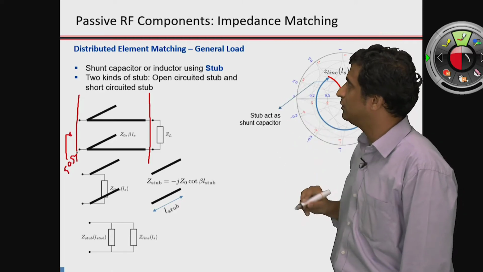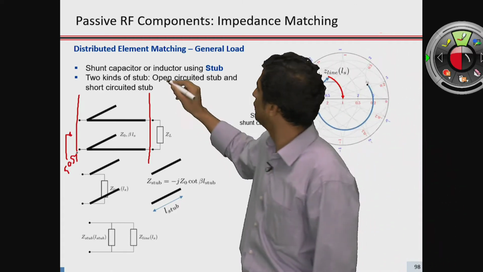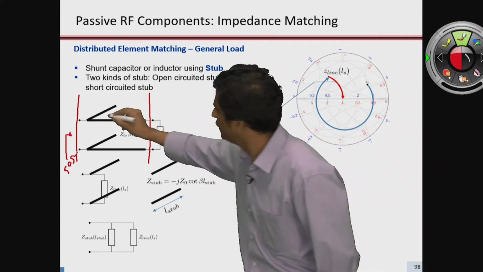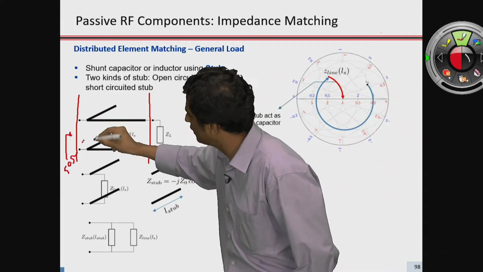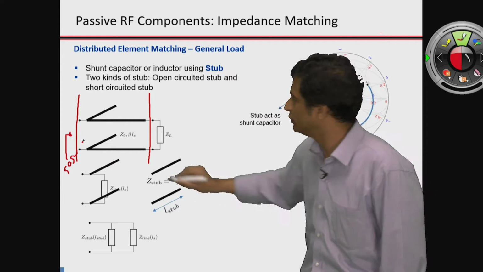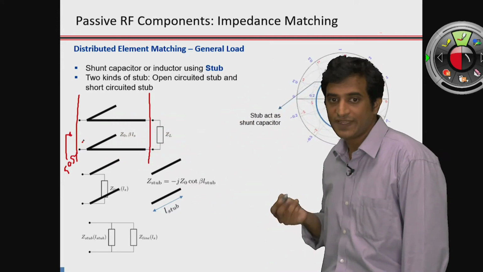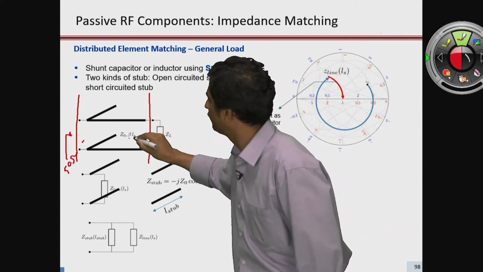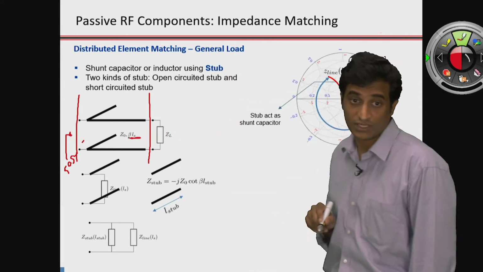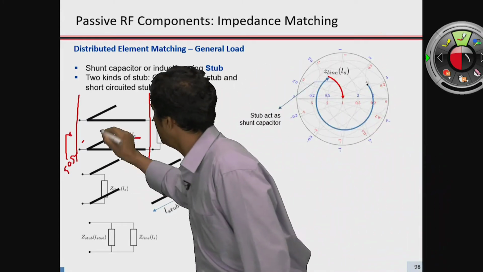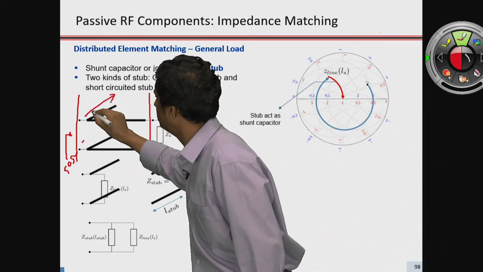In this particular example, we are looking at a shunt connection of the stub. That means this stub is connected in parallel to the feeding transmission line. Now, the design parameters become the location where you want to connect that shunt stub and the length of that shunt stub.